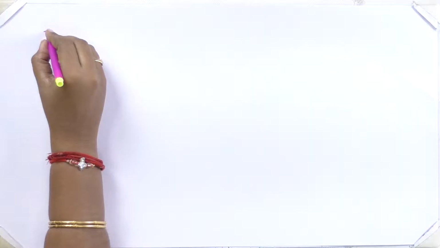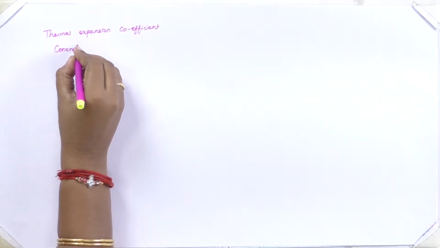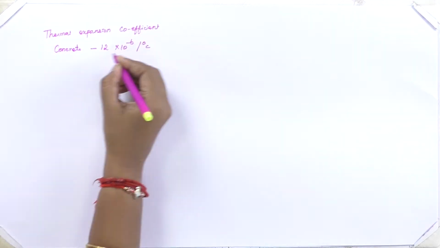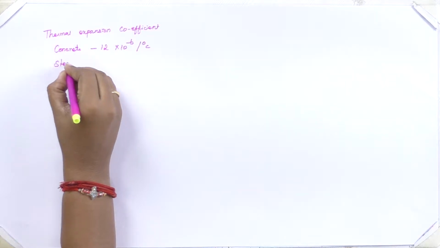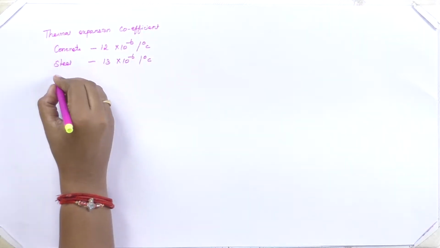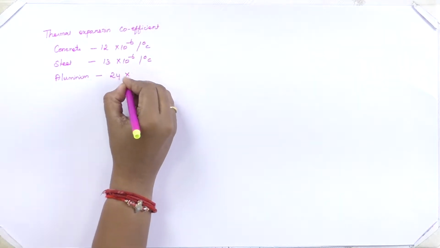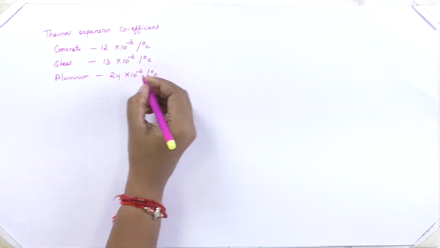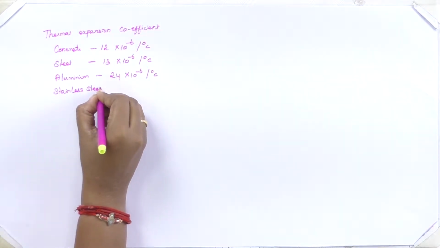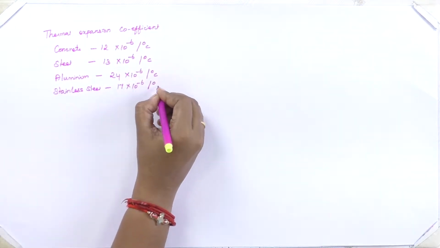For example, the thermal expansion coefficient for concrete is 12 into 10 power minus 6 per degree centigrade. For steel, it is 13 into 10 power minus 6 per degree centigrade, whereas for aluminium it is 24 into 10 power minus 6 per degree centigrade, and for stainless steel it is 17 into 10 power minus 6 per degree centigrade.